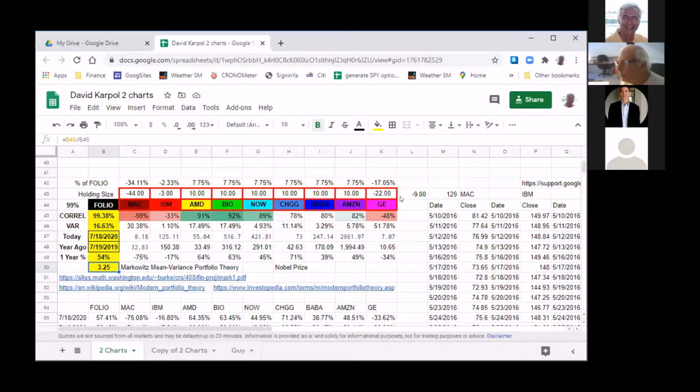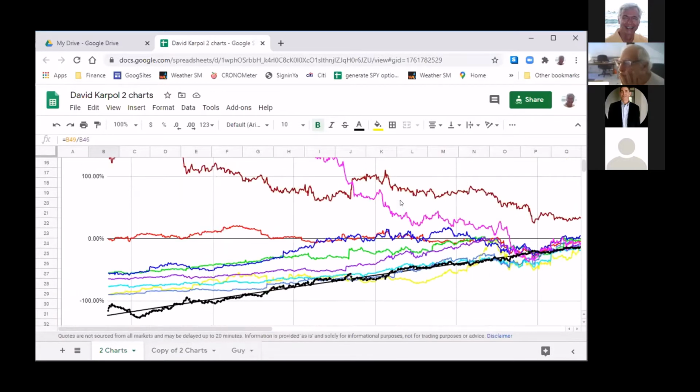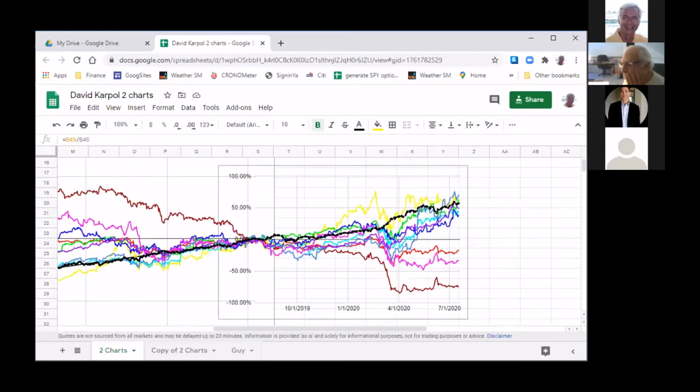So it's a slight negative bias on the market, which is pretty cool. And the net result, this plot here, ends up being a pretty good continuation of a nice trend.